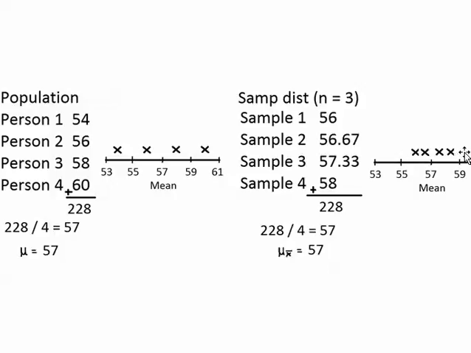But now all of our sample means are between 56 and 58. All of our sample means are pretty close to the population mean of 57. So like I said, when the sample size goes up, the sample means move in closer to the population mean. That's just because bigger samples are more accurate and more dependable.